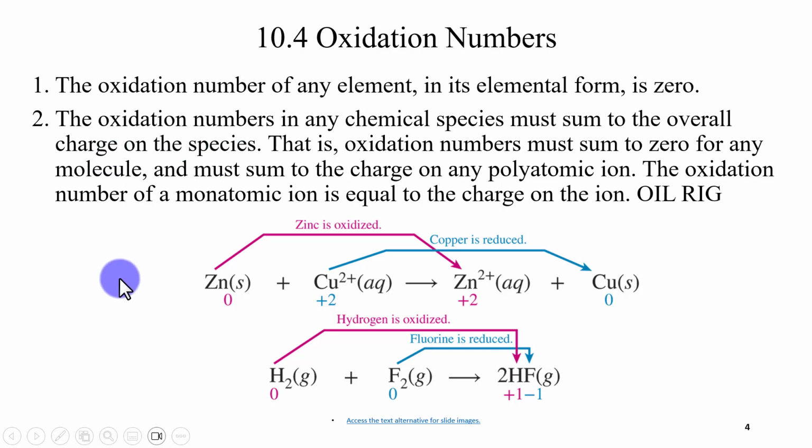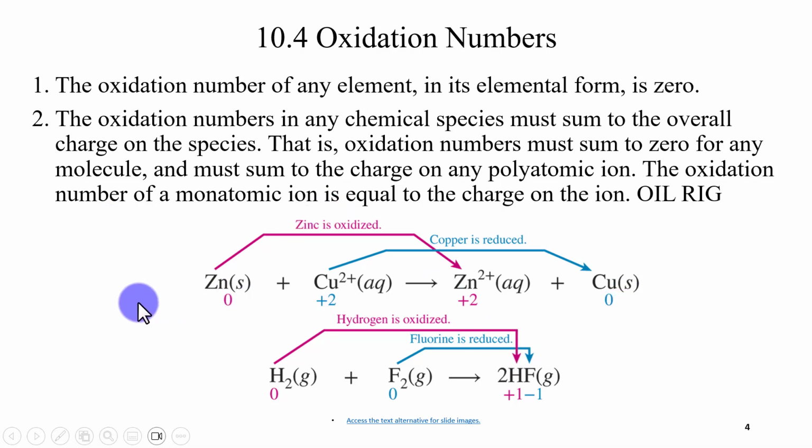So if I have a molecule that is neutral, the oxidation numbers of all of the elements that make up the molecule must add up to 0. If I have a polyatomic ion that has a charge, all of the oxidation numbers have to add up to the charge on that particular polyatomic ion. The oxidation number of a monoatomic ion, an ion that has one element, not many, is equal to the charge of the ion.